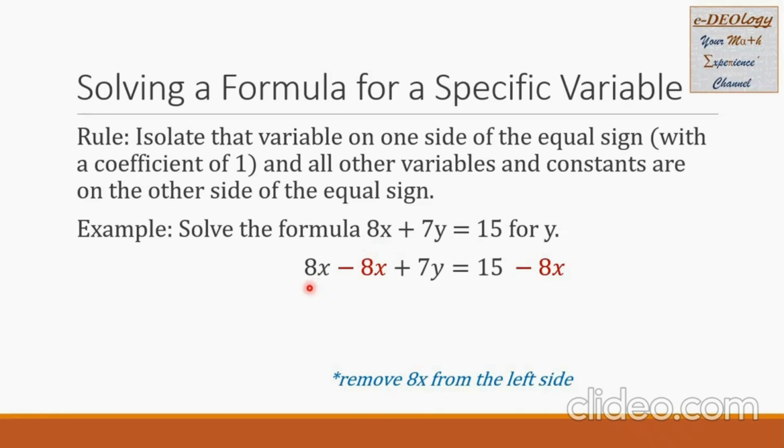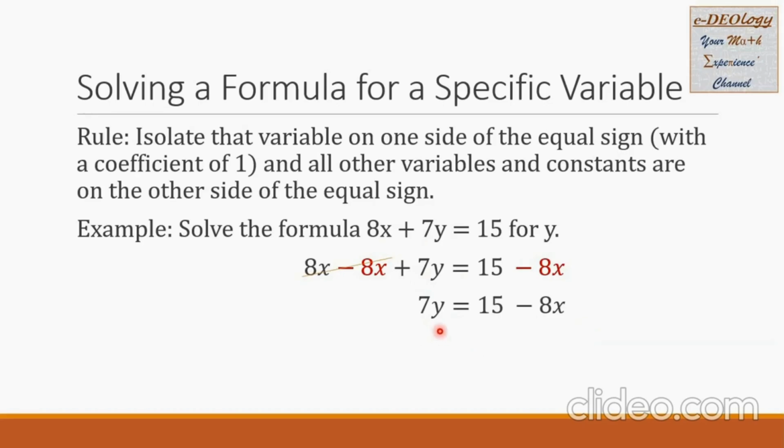So the 8x minus 8x, and then I copy the 7y equals 15. And then since I put negative 8x on the left side, I should do the same on the right side. And then the 8x minus 8x cancel each other. Only 7y comes down. And then this is equal to 15 minus 8x.